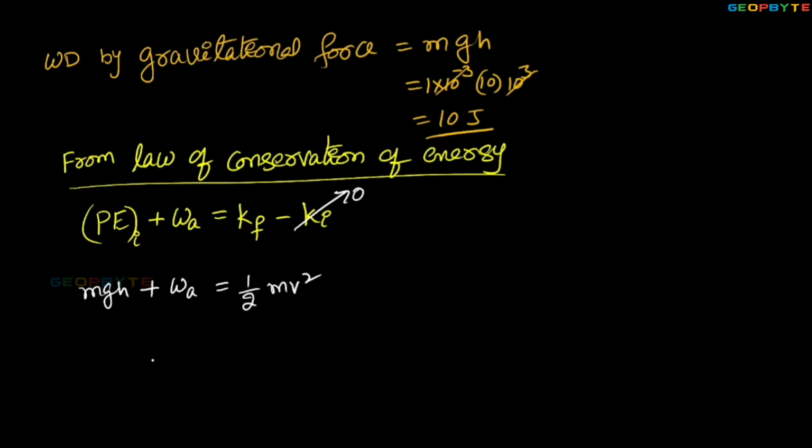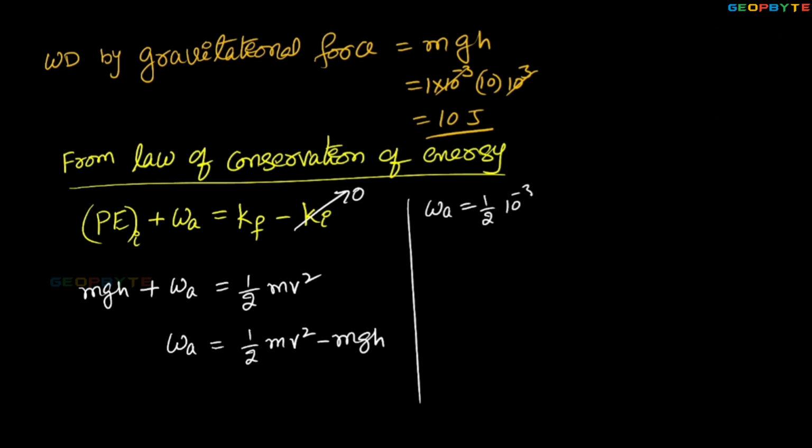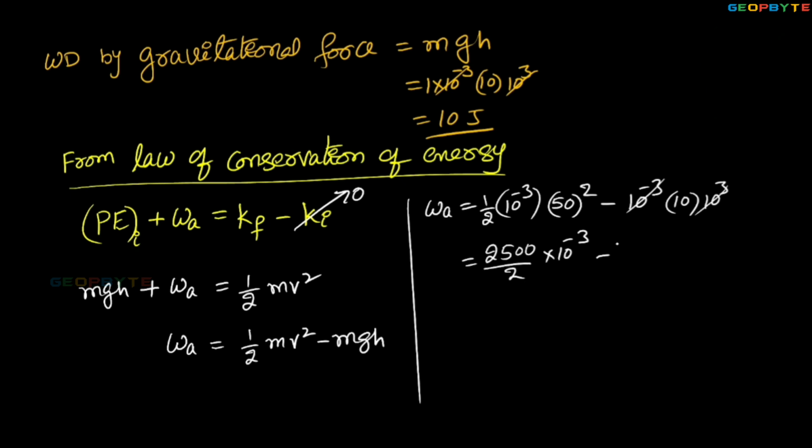From this I can write that the work against the air resistance equals half m v squared minus m g h. So work against the air drag equals half into 10^-3 into 50 squared, minus 10^-3 into 10 into 10^3. The 10^3 and 10^-3 cancel. 50 squared equals 2500, divided by 2, into 10^-3, minus 10.